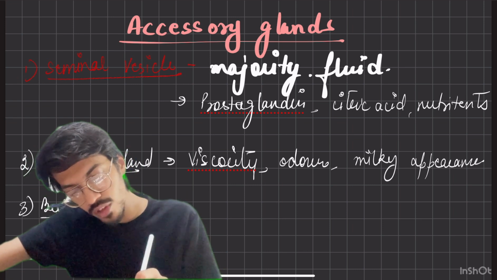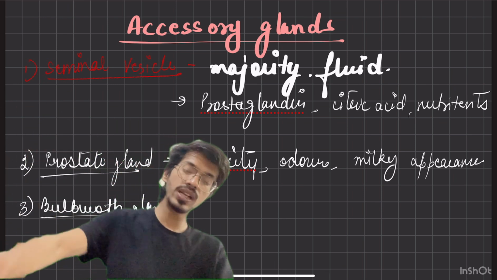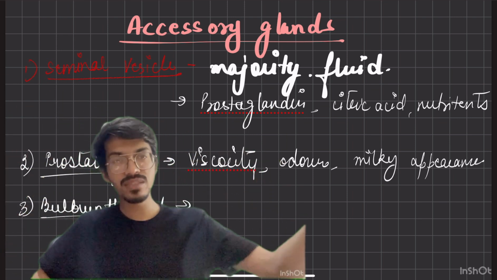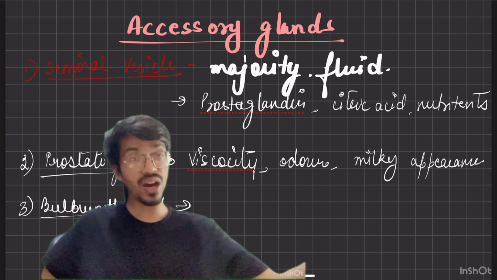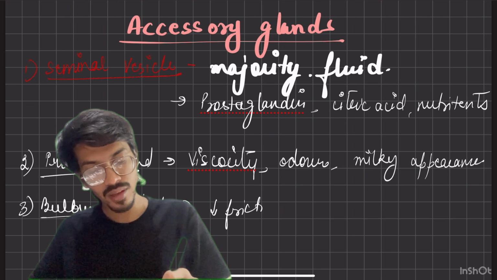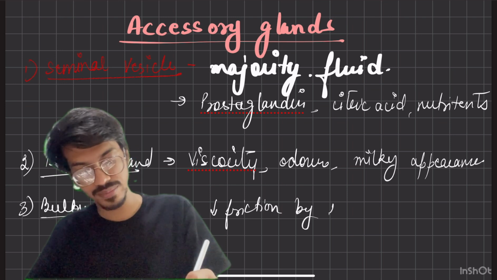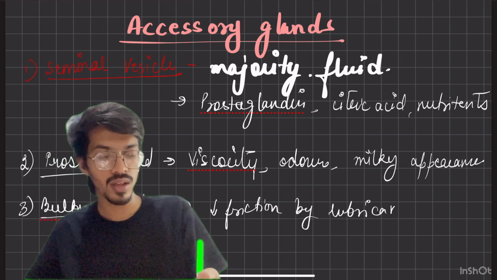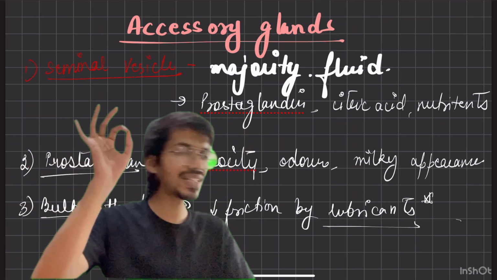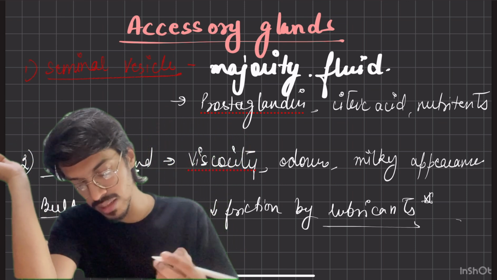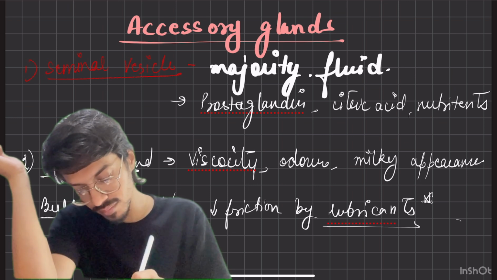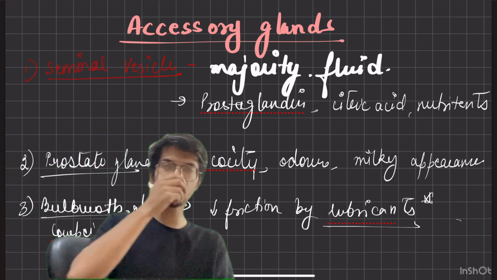The bulbourethral gland will help in the release of the sperms outside, as it reduces friction by lubrication. So it releases lubricants. These 3 points at least you have to remember. And this gland is called Cowper's gland. So accessory glands, we have done it.